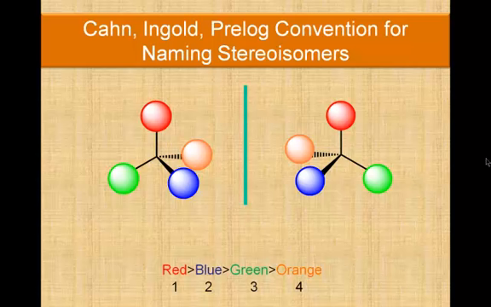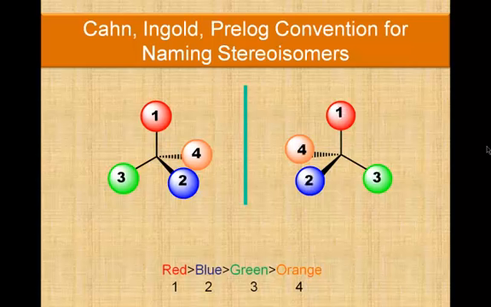Why we give the highest priority group the lowest number, I really can't explain to you, but that's just how we do it. So let's label the groups on our tetrahedral stereocenter. Red is 1, blue is 2, green is 3, and orange is 4. And let's label the enantiomer as well.